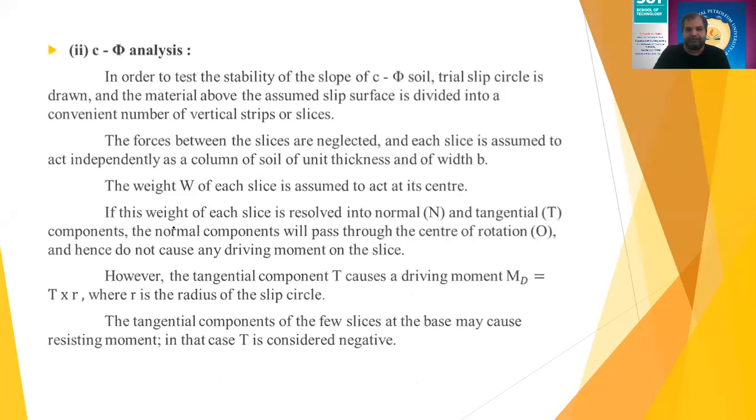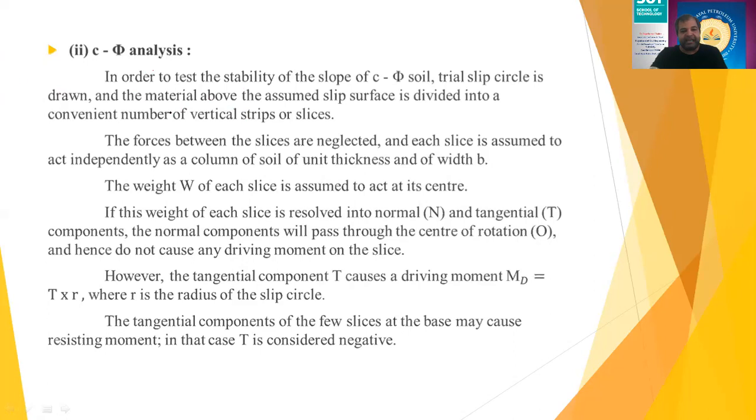Now let's go further. The forces between the slices are neglected and each slice is assumed to act independently as a column of soil of unit thickness and width B. That we have also seen last time. The weight W of each slice is assumed to act at its center.